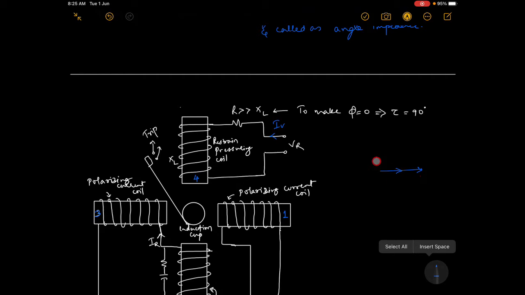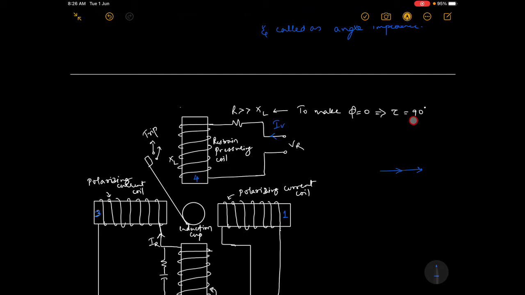That can be done by having R greater than XL. It will have its own XL, but compared to this XL, the resistance you are using is much greater. So once it is too high, there is no phase difference. Once there is no phase difference, you will get tau is equal to 90 degree.